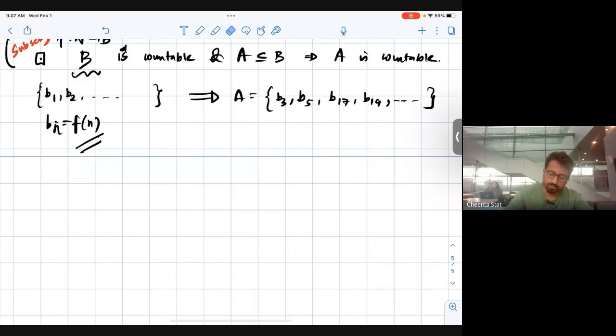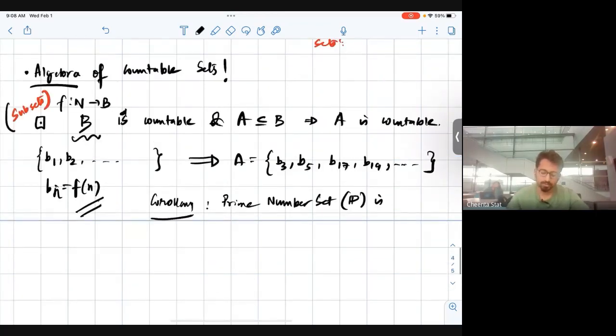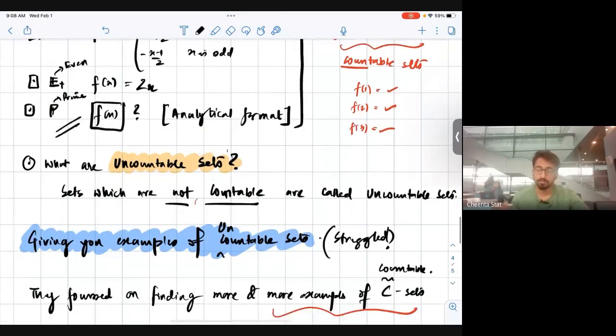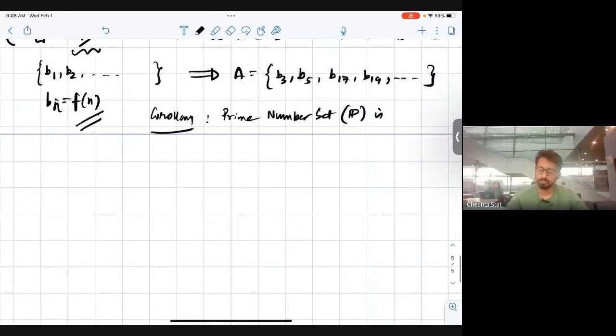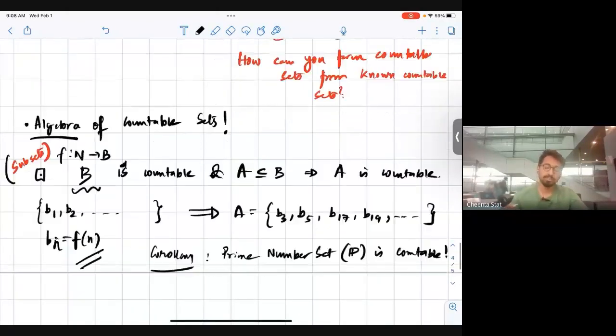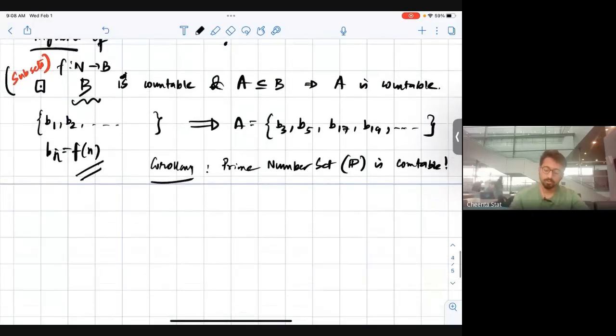So a corollary is that the prime number set is countable, because we cannot find a specific function directly, but you can prove it this way. See how beautiful it turns out to be when you use these algebraic properties, how two sets interact.